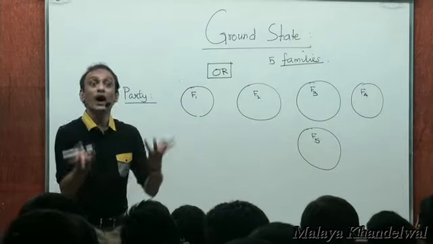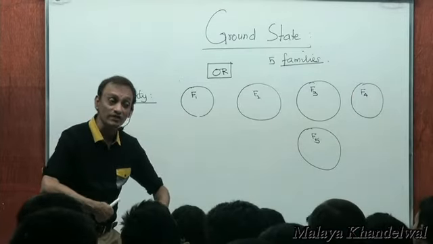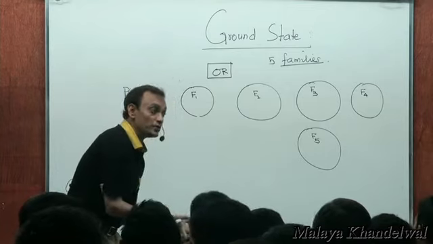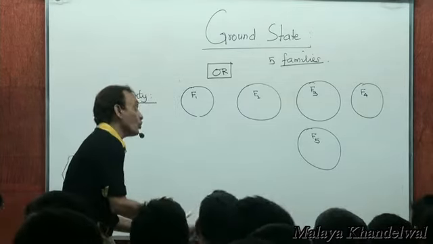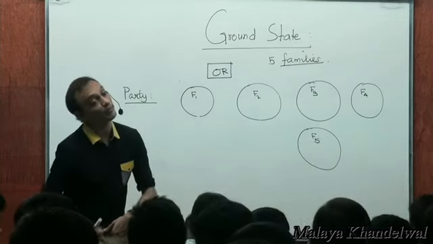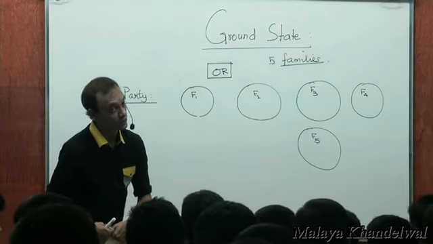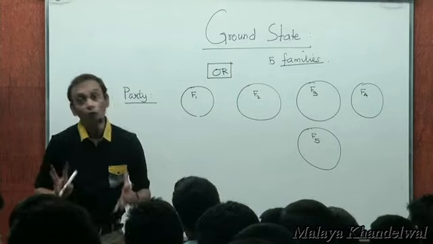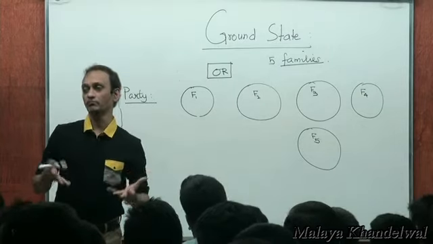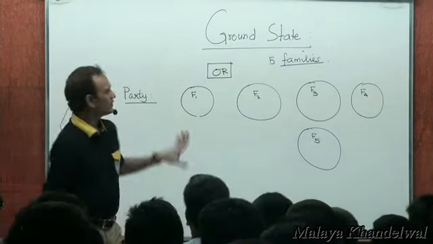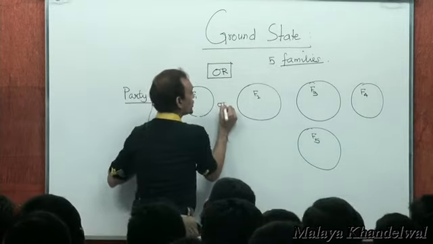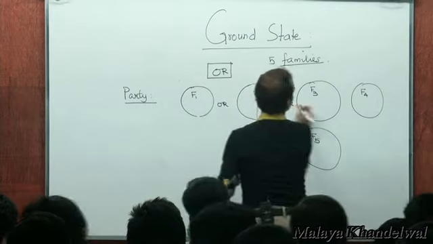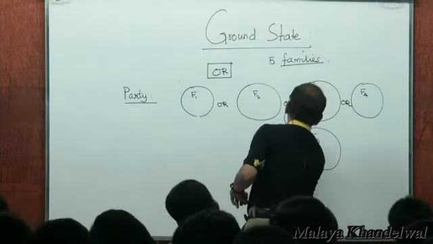That means you either want members of family 1, F1, or you want members of family 2, or you want members of family 3, or you want members of family 4, or you want members of family 5. So then, in how many ways could you invite people? 5. Just 5 ways, right? Then it's a case of or. This, or this, or this, or this, or this.